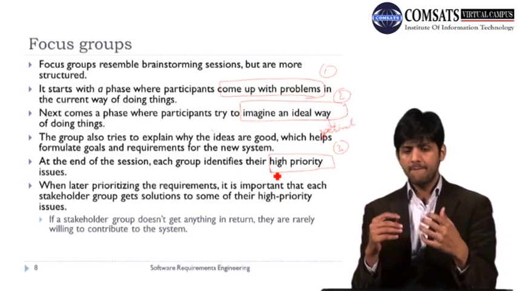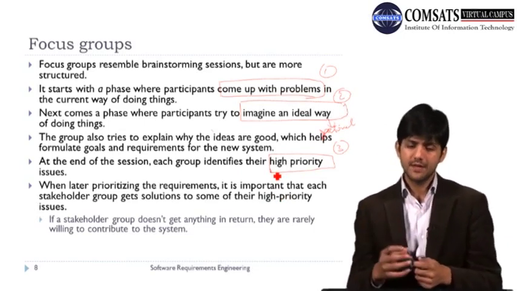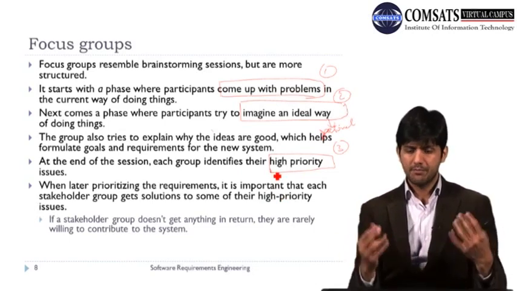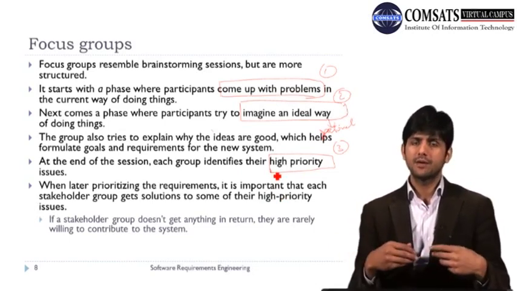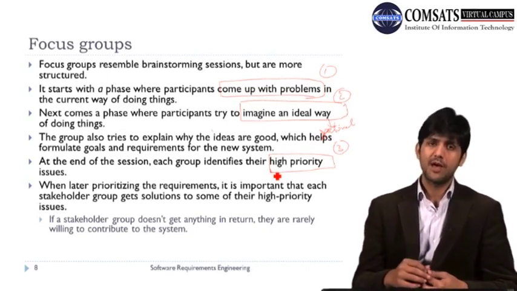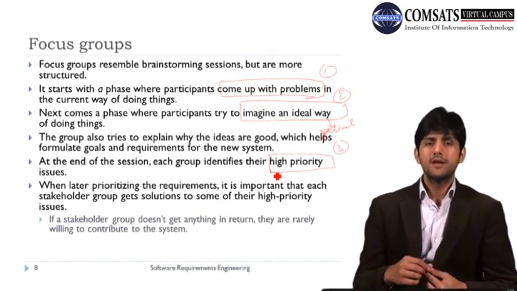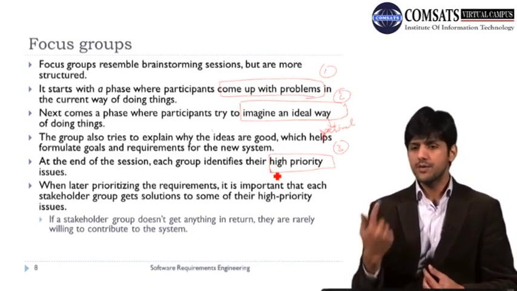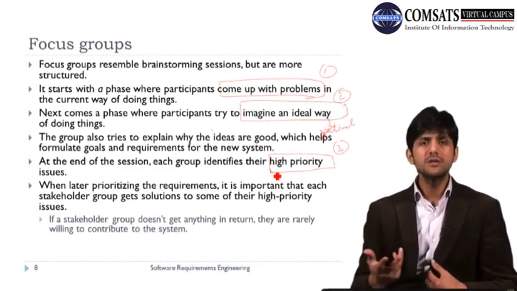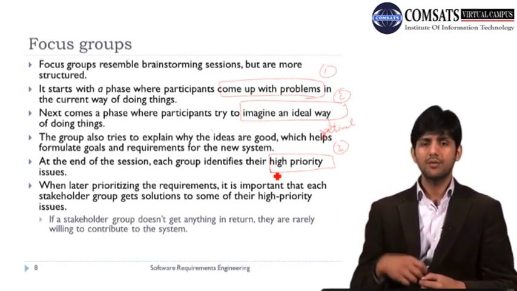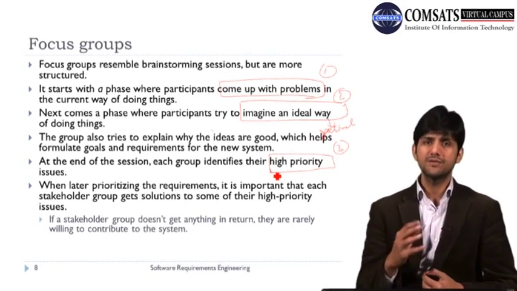An important thing in the focus group session is that once the participants have mentioned their problems, suggested the ideal way of solving them, and prioritized different issues, it is very important as a facilitator that towards the end of this session you try to give a solution to the stakeholders who have come into the meeting, who have spent their time and thought about this problem, and who have told you lots of their problems.